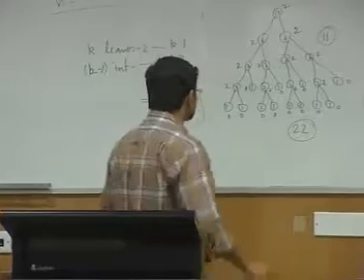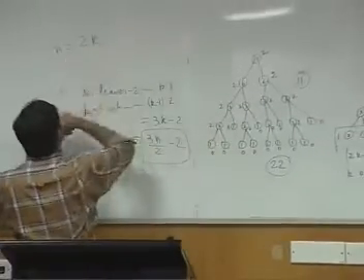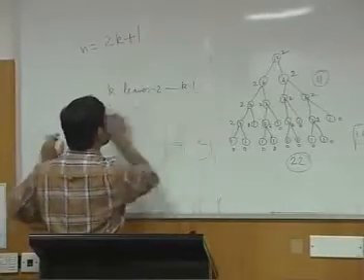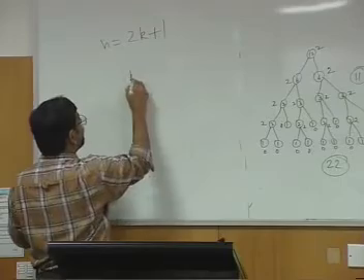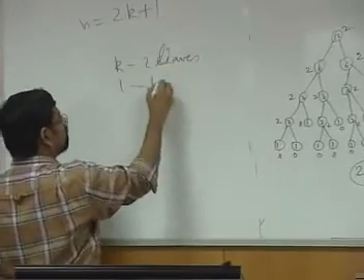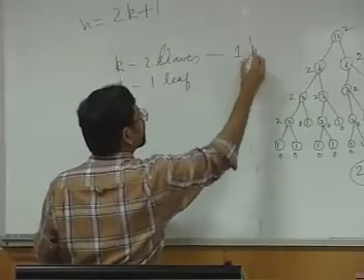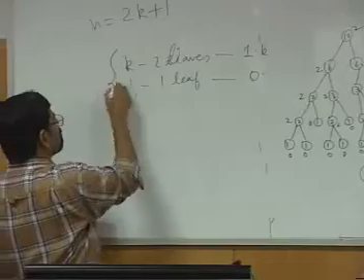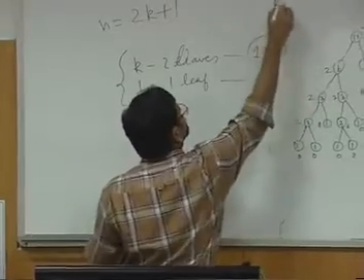When n is odd, what is going to happen? I will show you what happens when n is odd. Suppose n equals 2k plus 1. How many leaves will it have? It is going to have k 2-leaves and 1 leaf, and this will contribute 1 into k comparisons. This 1 leaf contributes 0 comparisons. So at leaf level you will have k comparisons done.